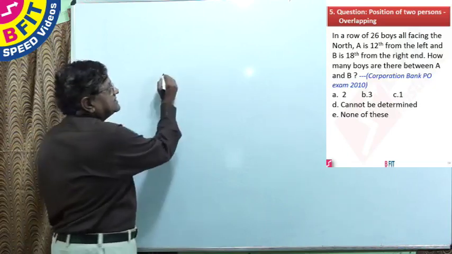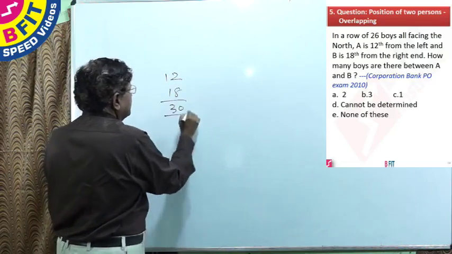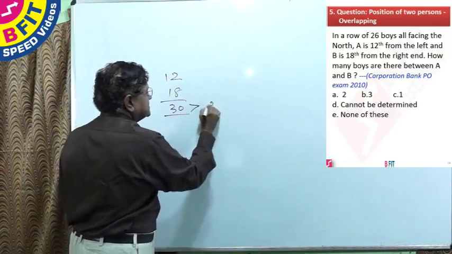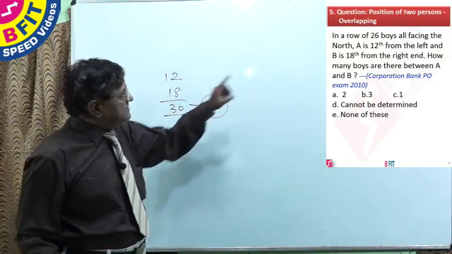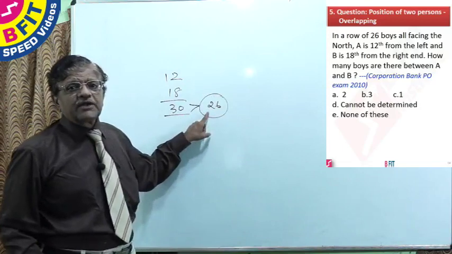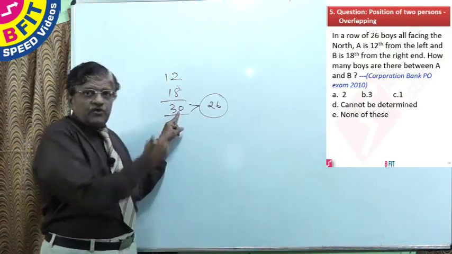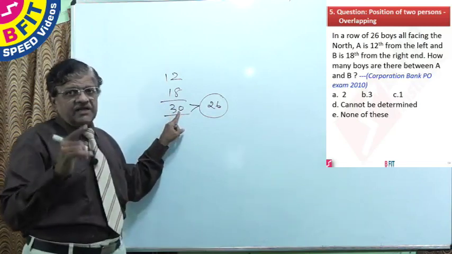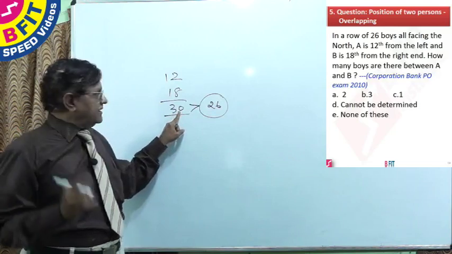Here 12 plus 18 is 30, which is more than the total of persons given in the problem itself. The problem itself says there are totally 26 boys. So this is not possible. Therefore, wherever you find this position, immediately you should understand this is a question involving overlapping.